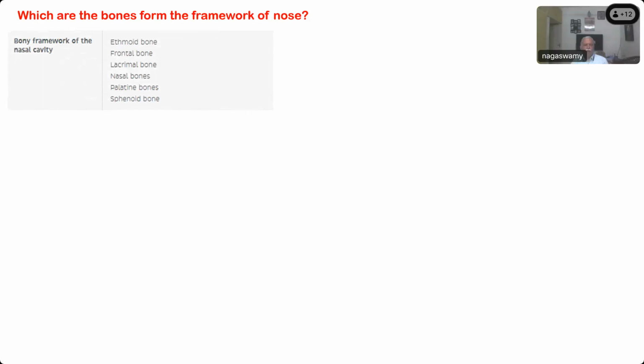So the pterygoid plate, ethmoid bone, frontal bone, lacrimal bone, nasal bones, again the frontal process, palatine bones and sphenoid. All these things form the bony framework for the nasal cavity. So totally there are 6 bones you have to remember: ethmoid, frontal, lacrimal, nasal, which of course can be part of frontal also, palatine and sphenoid bone.